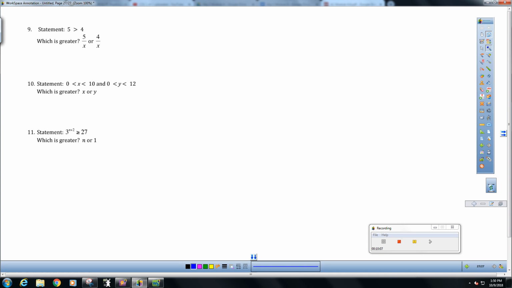Which is greater, 5 over x or 4 over x? Well, what if x is 2? We get 2.5. Which one's bigger? What if x is 0? Does this one look familiar, Carson?